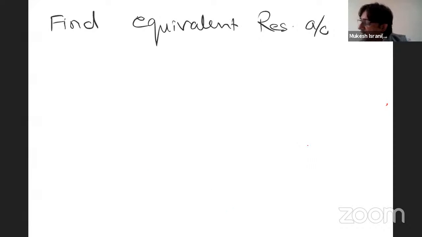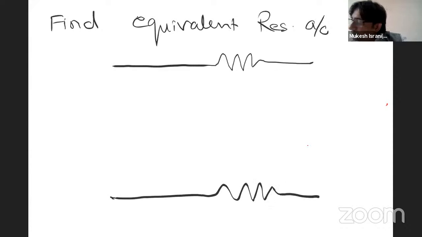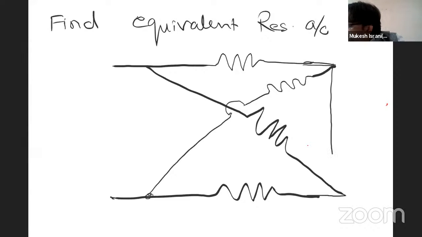Now I'll give you one more diagram, and the question is still same. Find equivalent resistance between points A and B. This is point A, this is point B, this is 10, this is 5.